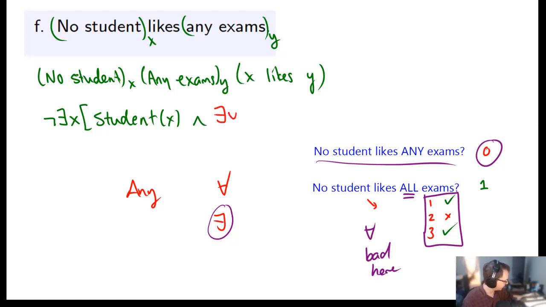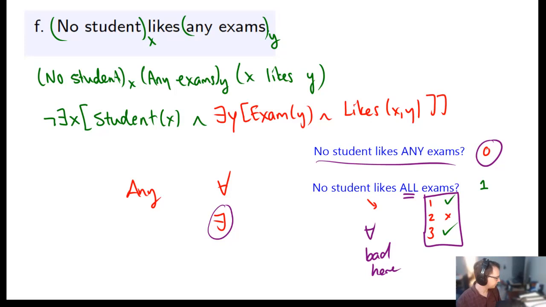So we'll just say exists a y, exam y, and carry on with our translation. And then likes xy. And then that would be the end of it.